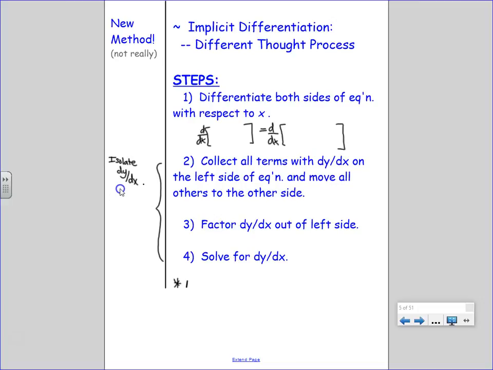Note. This is going to be a little bit weird. You're not going to like it, and I apologize, but it's true. When reasonable, get dy/dx in terms of x.